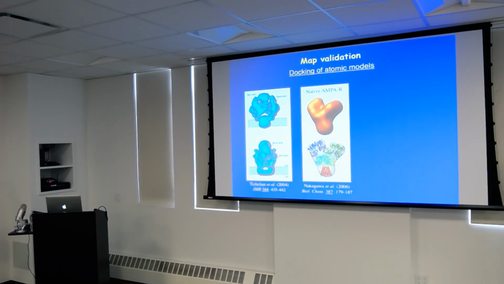And then you take the other half map that has never seen the model that you built, and you calculate a validation curve between your model and the map. And if this validation curve, this cross-correlation curve, looks similar to the curve that you calculated with the map that you built into, then you basically know that you didn't overfit.